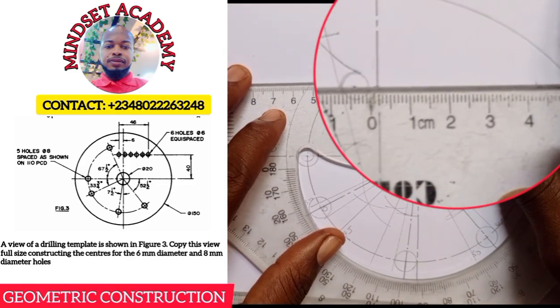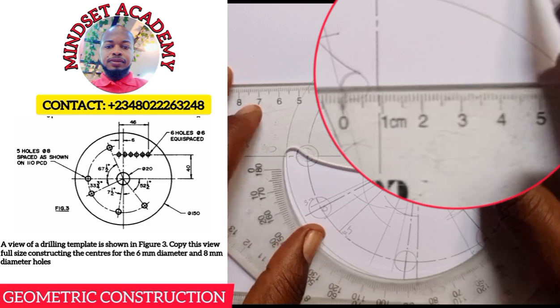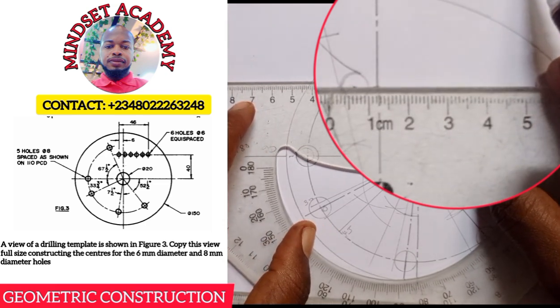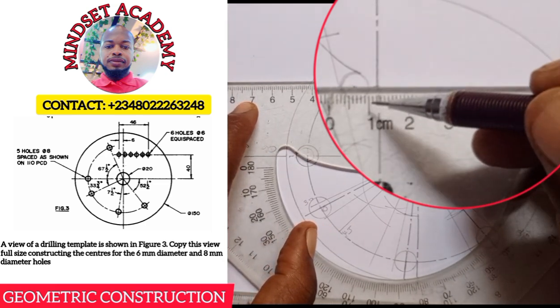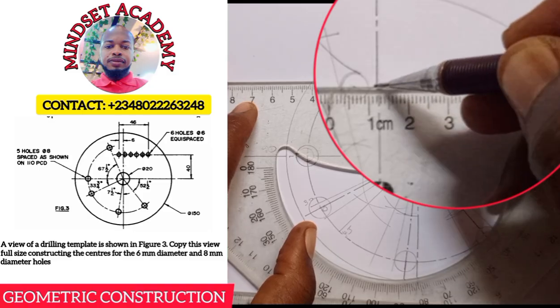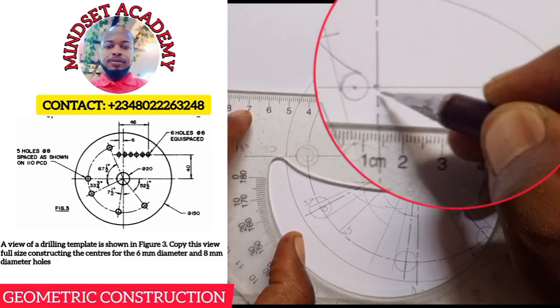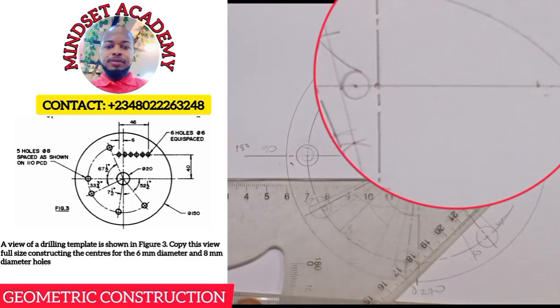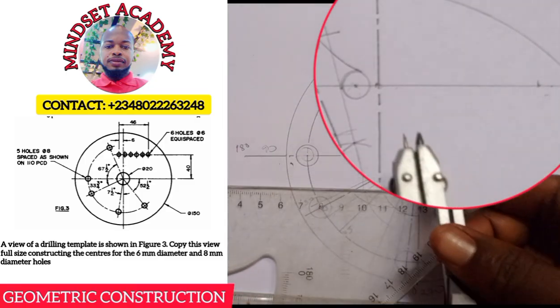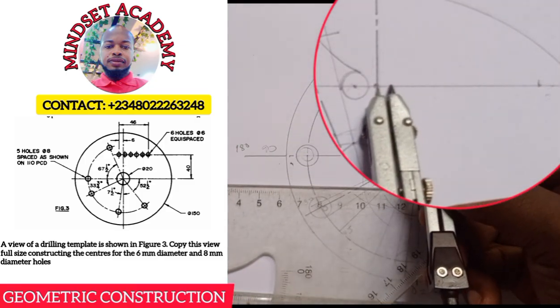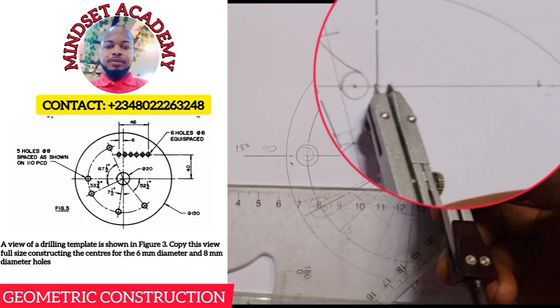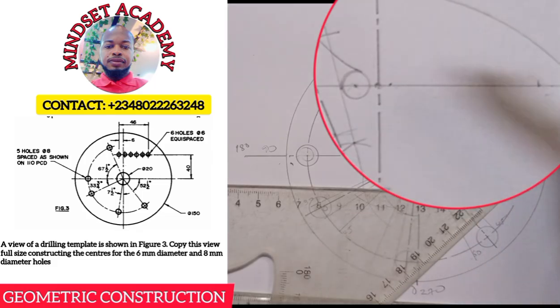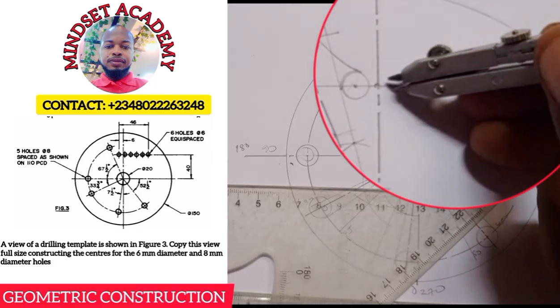So I'm going to measure another 2, starting from 1. So I'll measure 0, 1, 2. This is 2 here. So from this other point again, I'll measure another center line. That means from that point, I'll take the same radius of 3. I'll place it there and mark to get the center of that circle. Then I'll draw another circle.